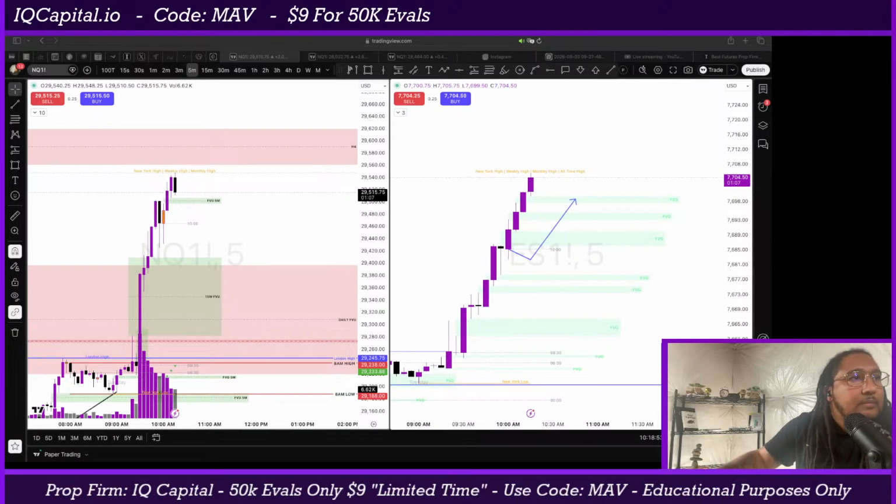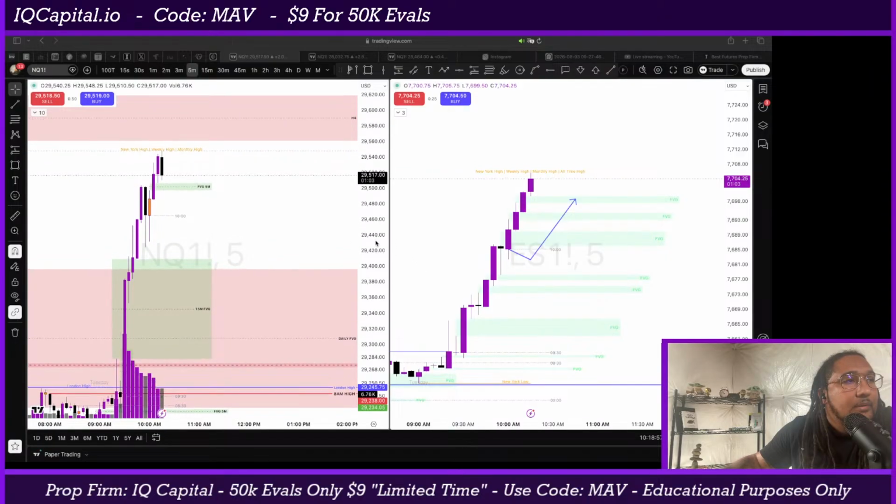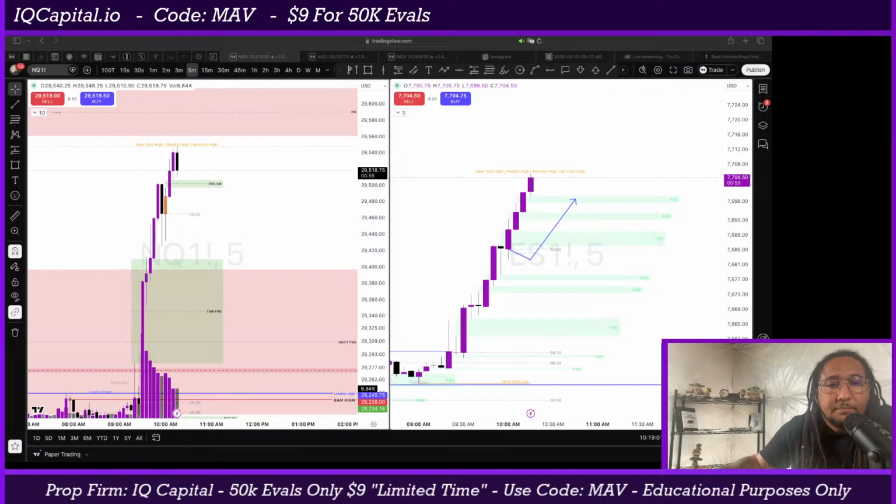Looks like it's hesitating down into that 5-minute gap there on NQ. So we did sweep that area there.